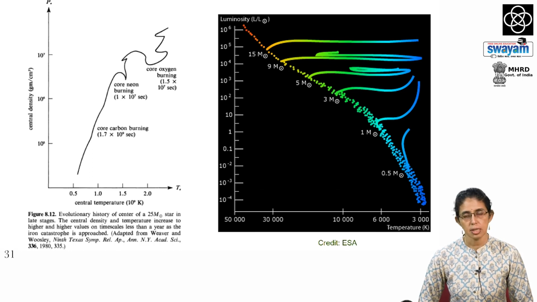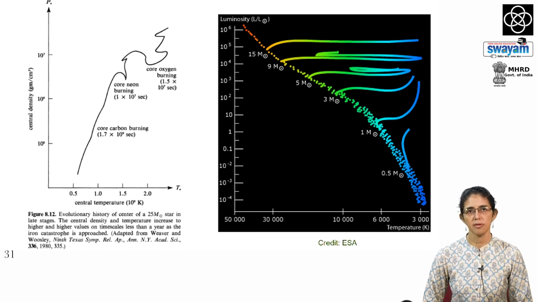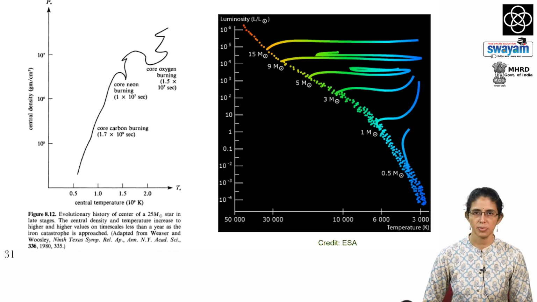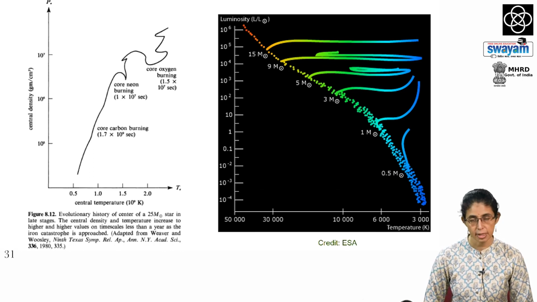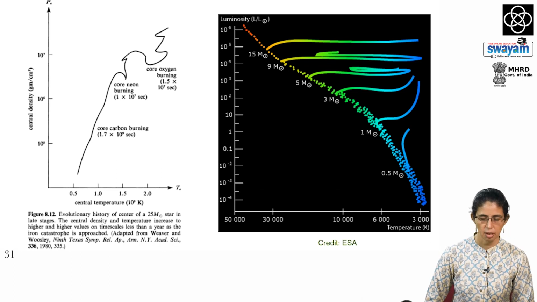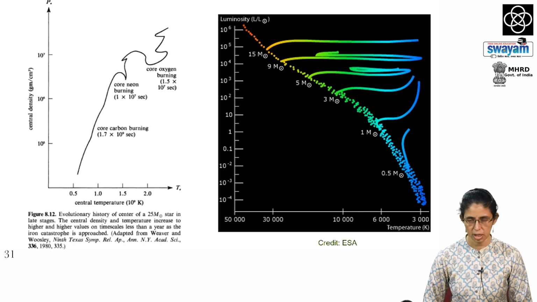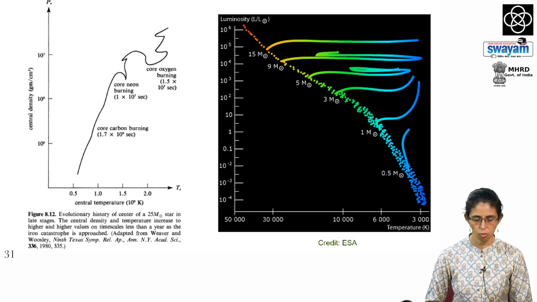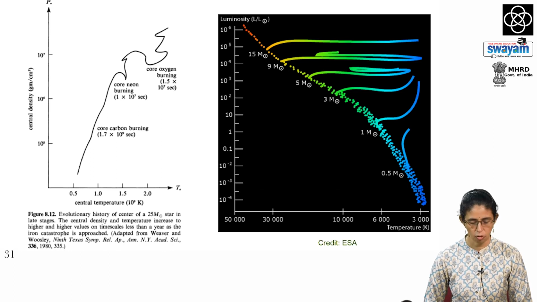So, in this slide, one can see on the left figure a plot showing the modeled temperature and density conditions at the center of a massive star, and one can see the path that the core of the star would take, that is the physical conditions at the core as the star evolves.